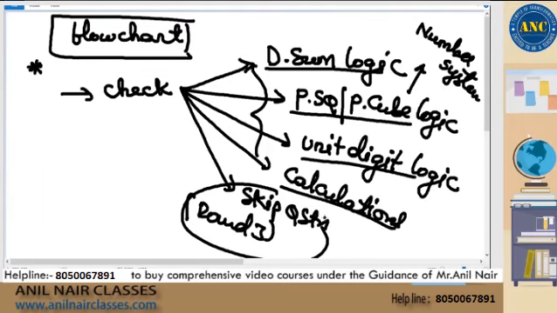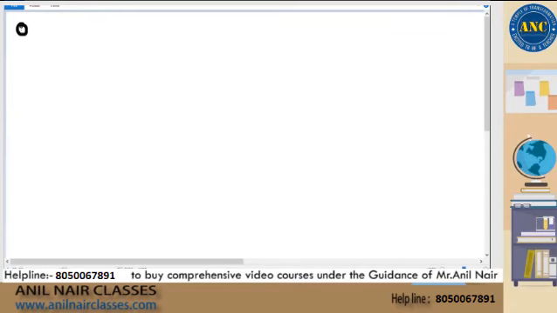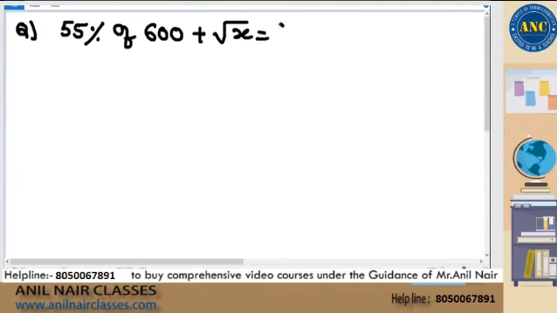Now, please write down one more question. Again an SBI 2018 mock question. These are some of the questions my enrolled students are asking. 55% of 600 plus root x equivalent to 63% of 700 minus 14% of 600.